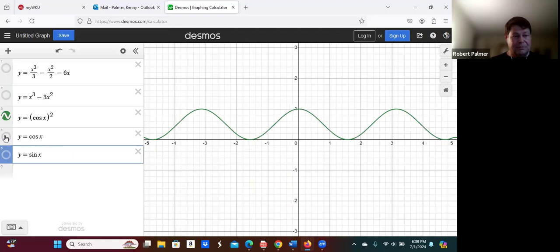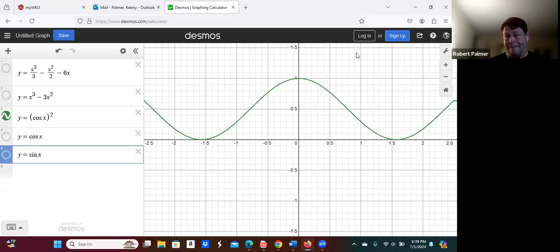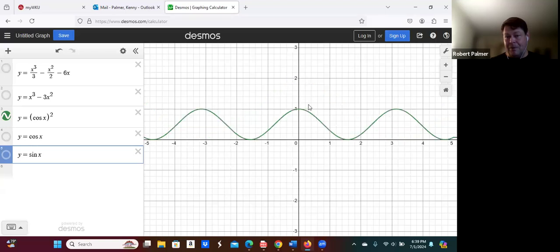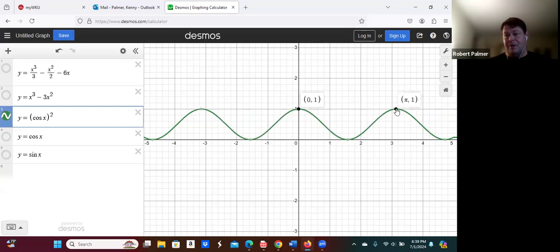Turn these off. Okay, right. So here's our original graph, 0 to pi. Here's 0, here's pi. So these are both the same height. These are absolute maximum values of 1 at 0 and pi, and absolute minimum value of 0 occurs at pi over 2 there.